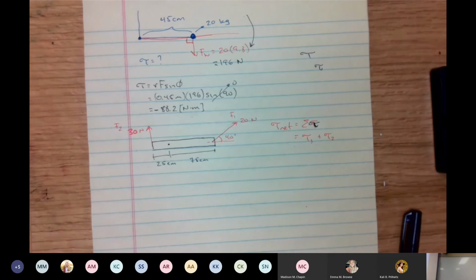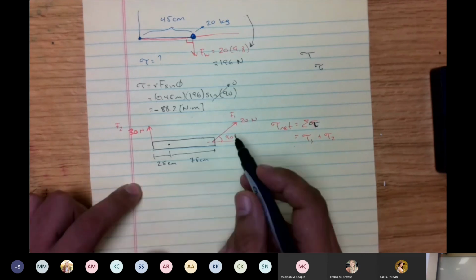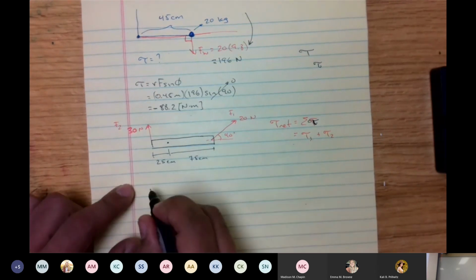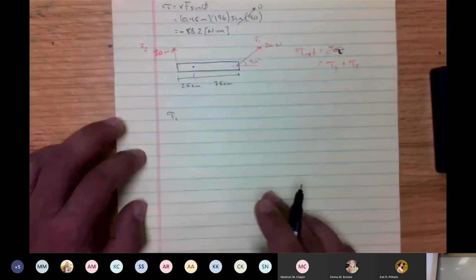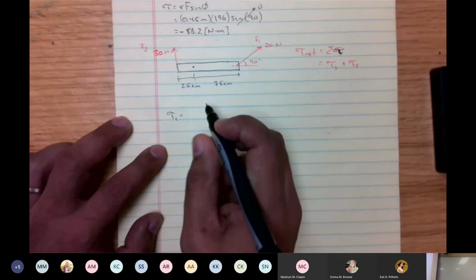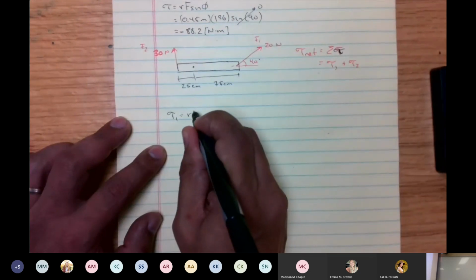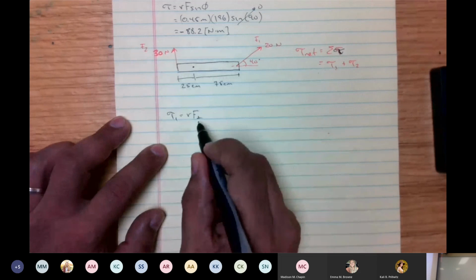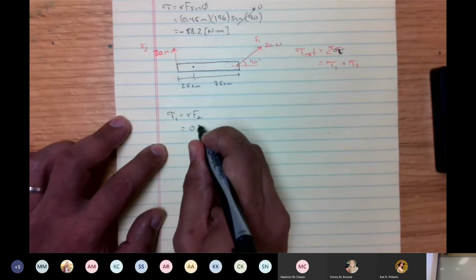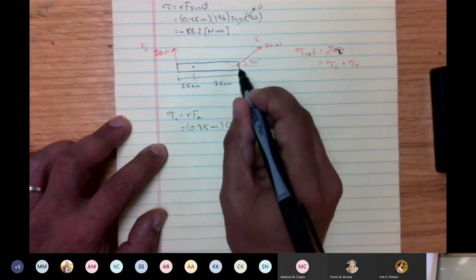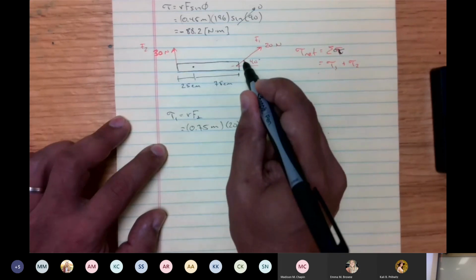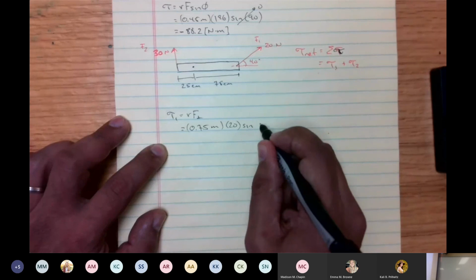Okay, so I'm going to calculate first the torque from the first force. Again, this is going to be the radius times the perpendicular force, and this will be 0.75 meters. The force is going to be 20 newtons, and the angle between the radial axis and my force is 40 degrees, so this is going to be sine of 40.